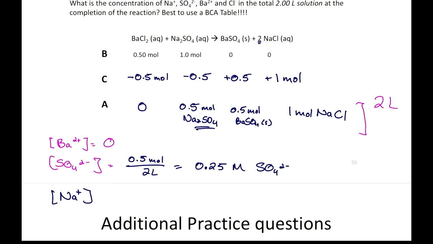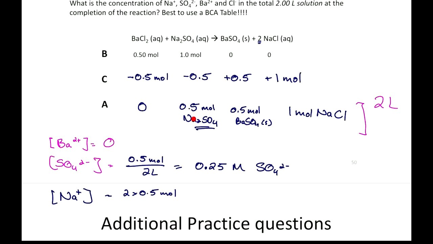Yes, because there are 2 sodiums for every 1 sodium sulfate. So it's actually 2 times 0.5 moles over 2 liters. So the concentration of sodium, oh wait, that's not all the sodium. Okay, so yes, you're right. There's 1 mole of sodium coming from sodium sulfate, but what did I forget?